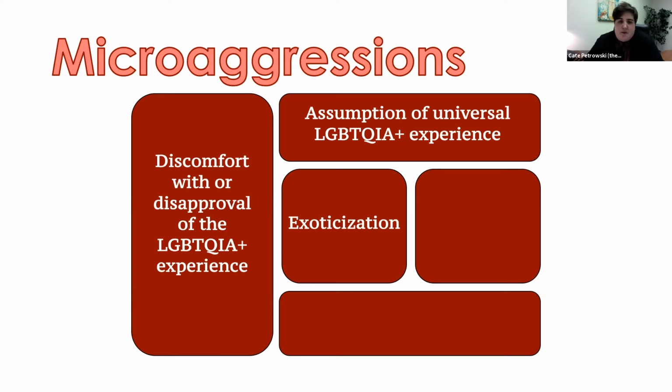There's also exoticization as a microaggression. Another word for that would be tokenism. You might have heard of the trope or stereotype of the gay best friend. It's something that you might see in the media. That would be an example of that.